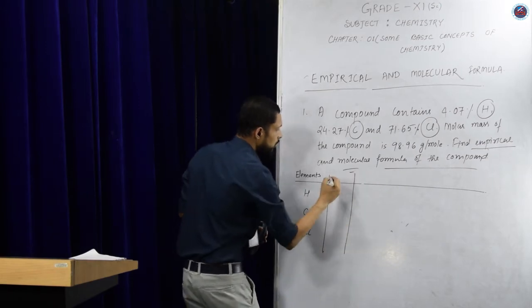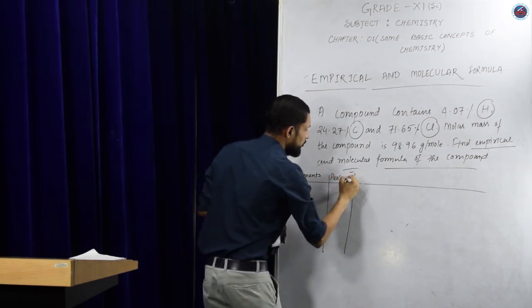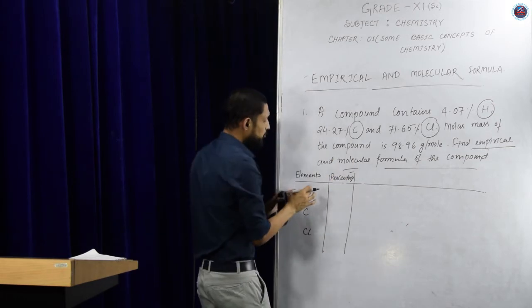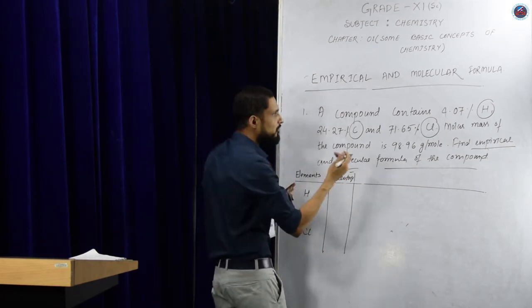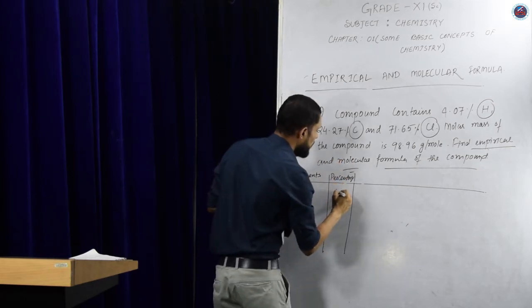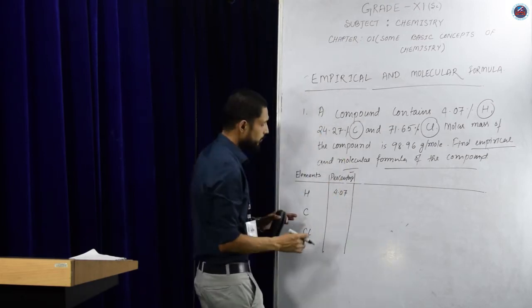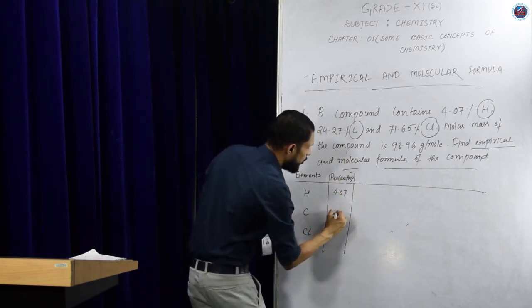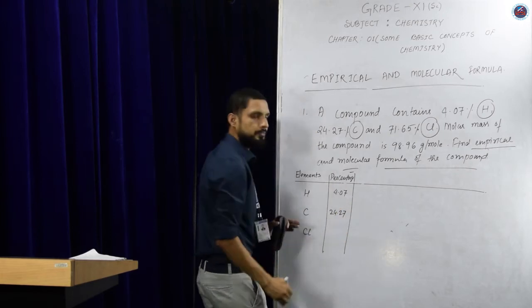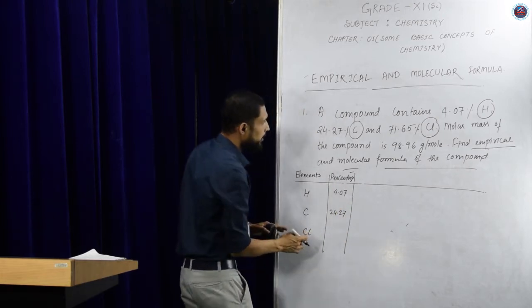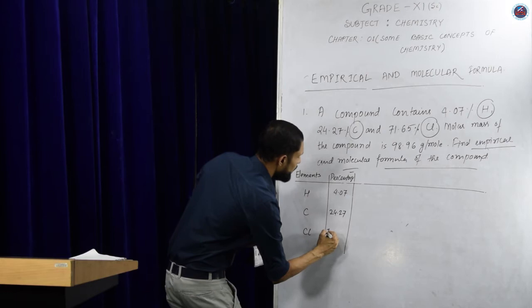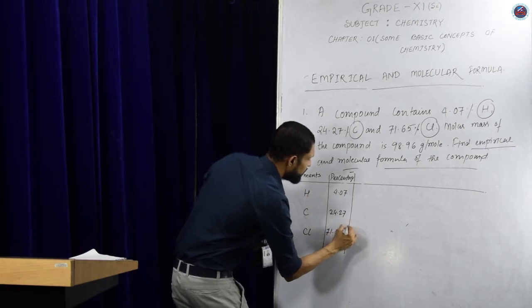Next, you write the percentage. So the percentage of hydrogen present in the compound is 4.07, carbon is 24.27, and chlorine is 71.65.